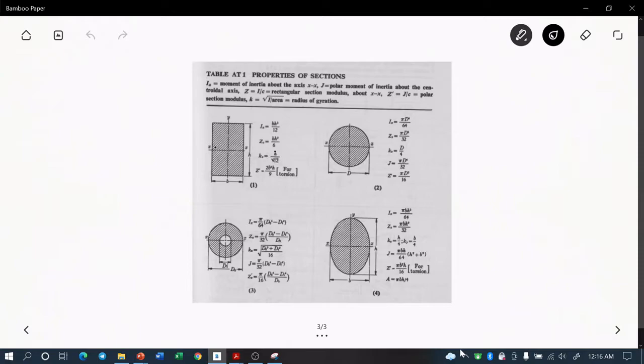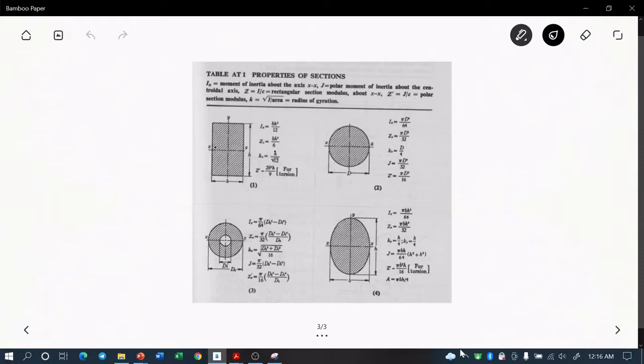Here in this problem, since the geometry of the shaft is circular, it has corresponding equations for the moment of inertia, the section modulus, and the J, or the centroidal polar moment of inertia. These are the variables that we are interested in, especially this centroidal polar moment of inertia.